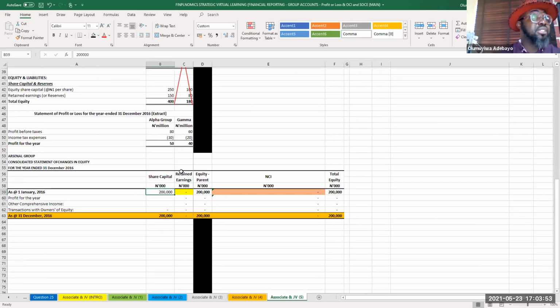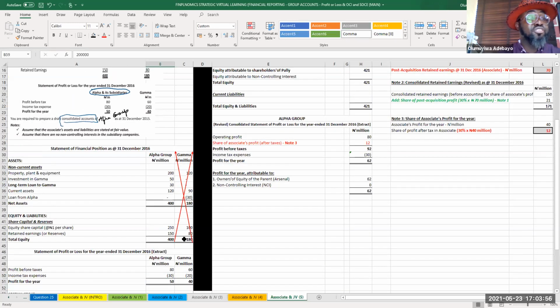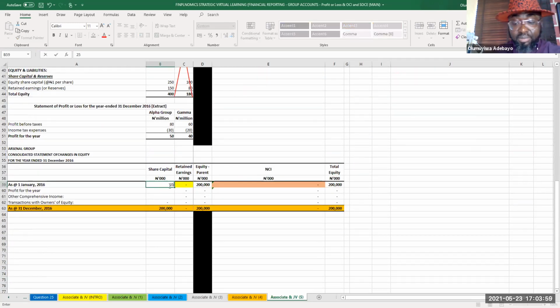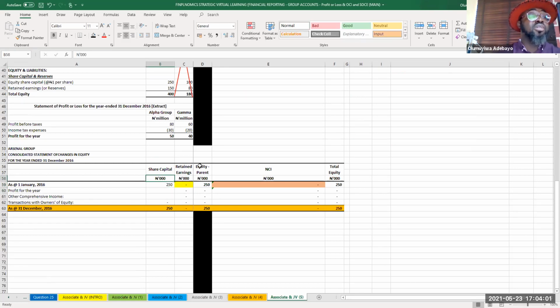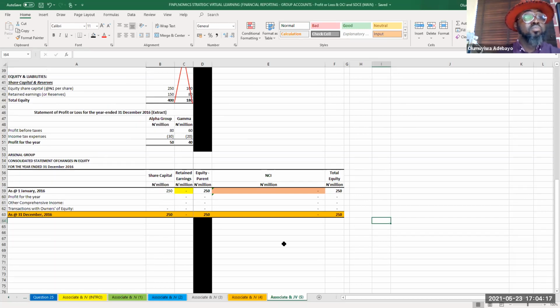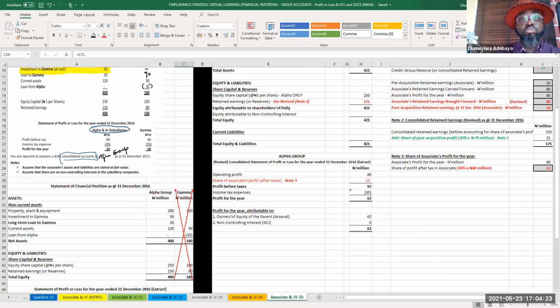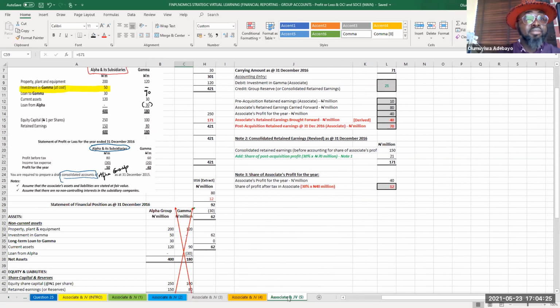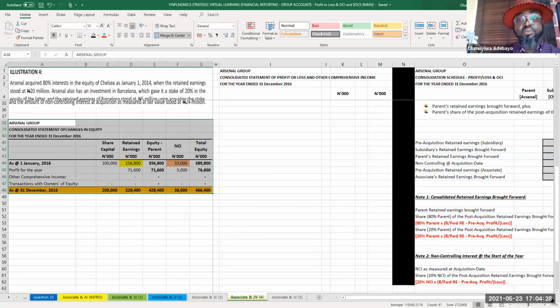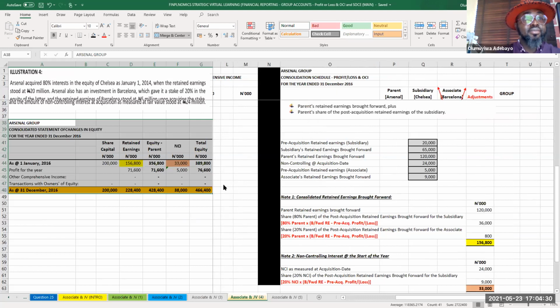Now, what is the share capital? The share capital is 250. Come here, 250. Remember, all figures are in millions. Our opening retained earnings is what we need to determine. As usual, remember, we did something here, which we'll borrow the templates.